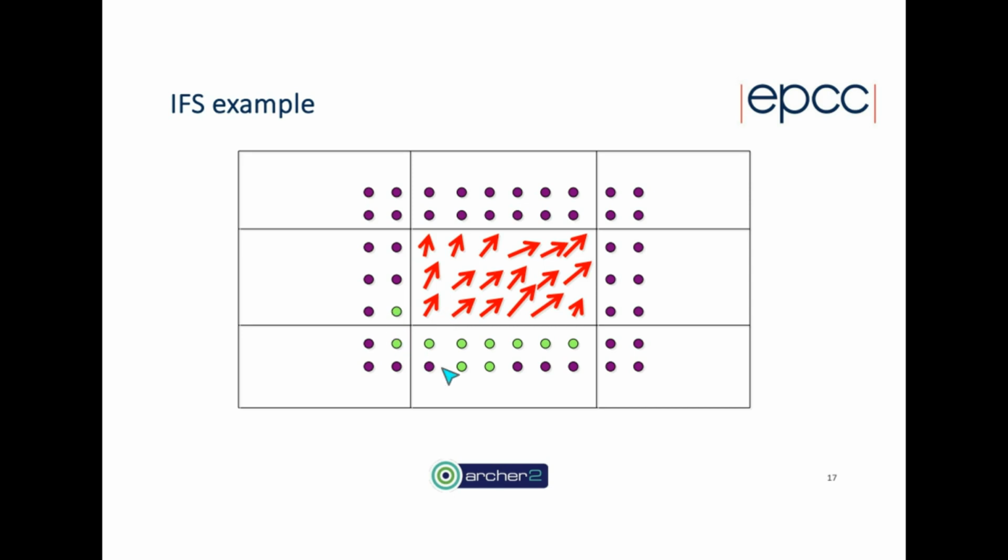So the green data points would be the ones that you would need from neighboring processors. But we don't know what the wind field is. This processor down here can't know what the wind field is in here. So effectively, the simple solution is that you just communicate everything that could possibly be needed. It will communicate not just the green points, but all the purple ones as well on every time step, just to make sure that all the data that could possibly be needed is communicated.